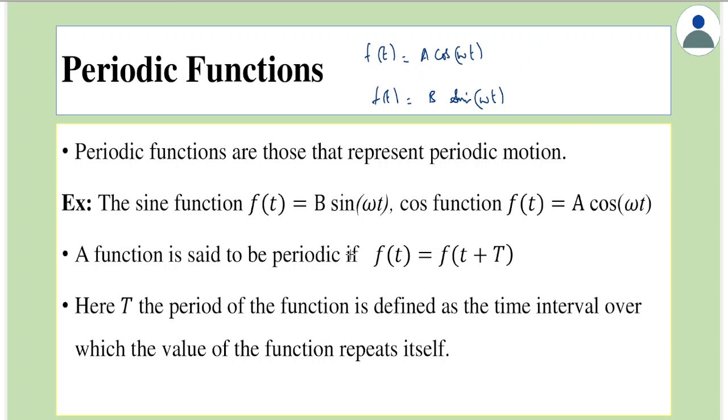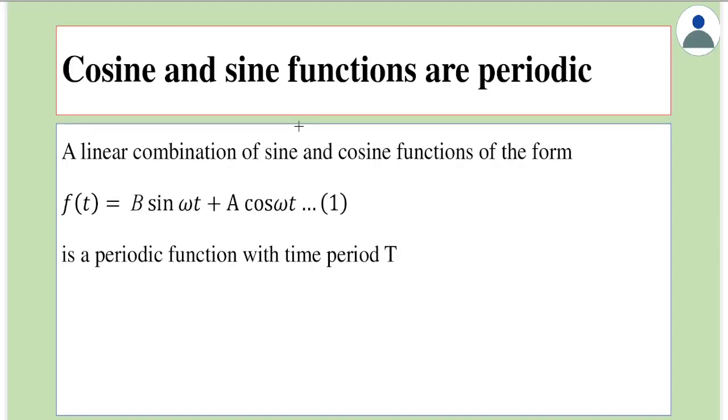Now, separately a sine function or a cosine function is a periodic function. Let's find out what happens if we combine them together. If we add them together, that is called a linear combination, which means we are adding the sine and cosine functions.